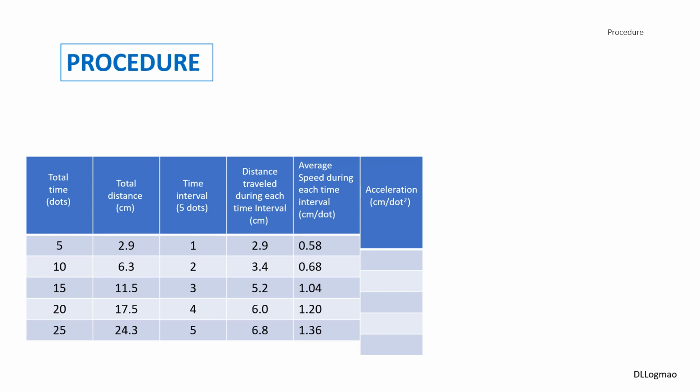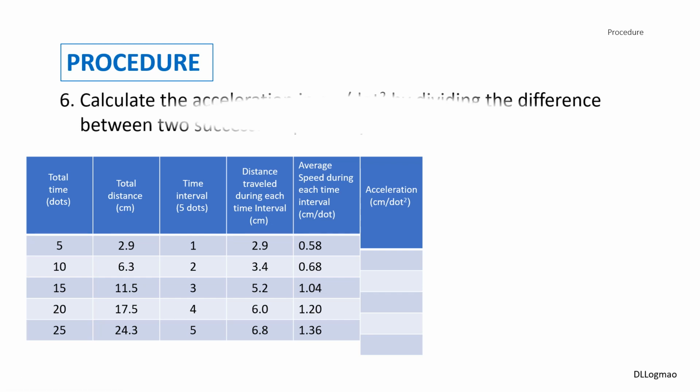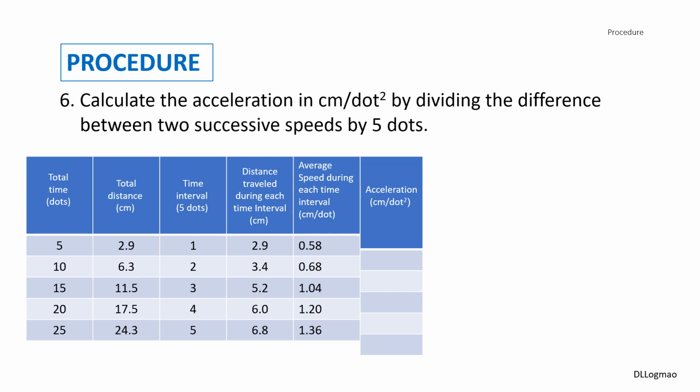Notice that the last column in the table is acceleration. Calculate the acceleration in centimeter per dot squared by dividing the difference between two successive speeds by 5 dots. Example, acceleration equals speed sub 2 minus speed sub 1 divided by 5 dots.